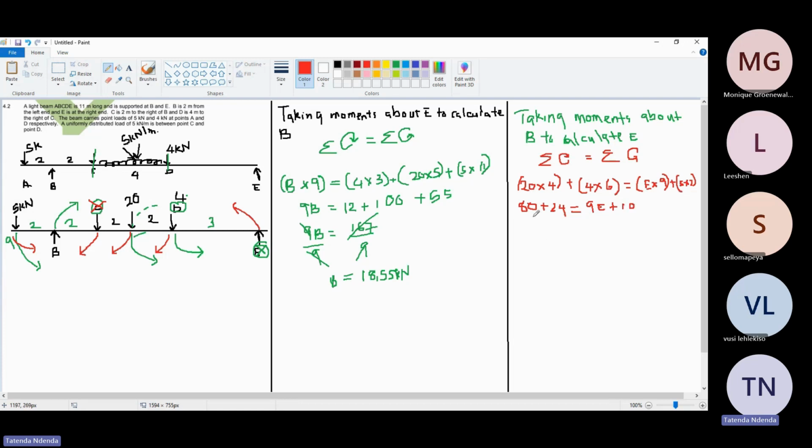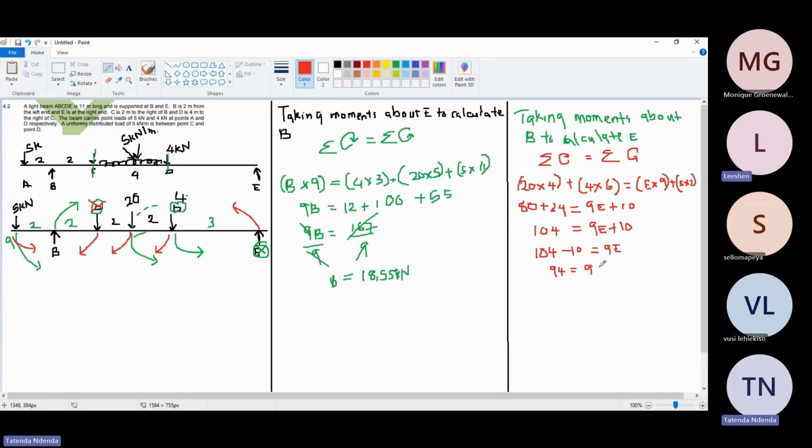So 80 plus 24 is 104, equals 9E plus 10. Meaning 104 minus 10 equals 9E. So 104 minus 10, that's 94. 94 equals 9E.